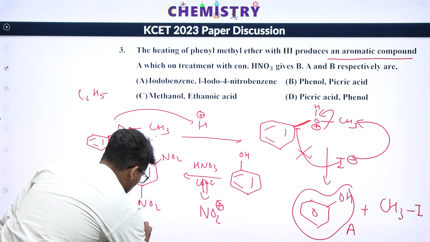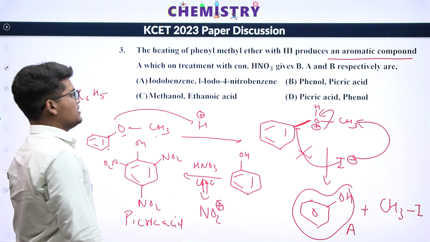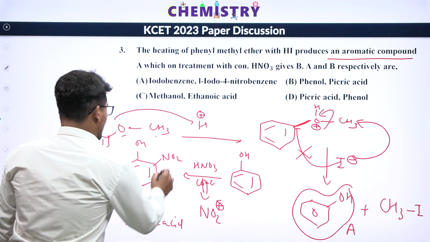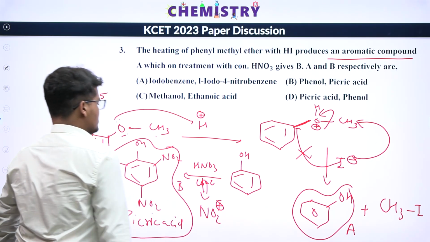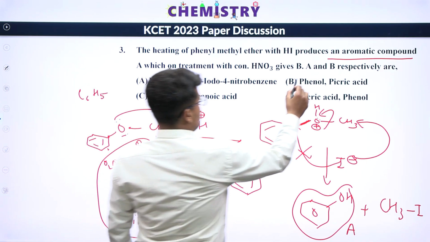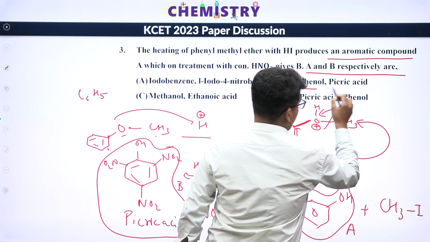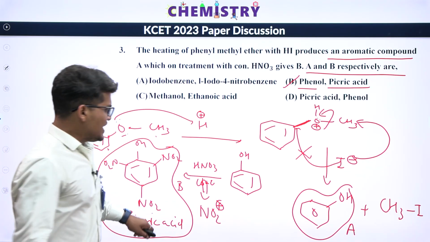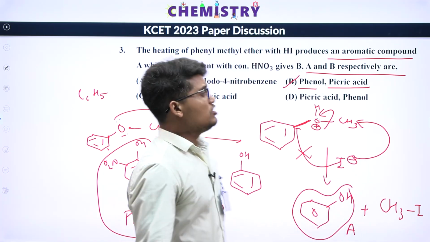We know this is known as picric acid. So this is our compound B, picric acid. They are saying A and B respectively are, so it is option B: phenol and picric acid. B is picric acid and A is phenol. Understand? Correct? Fine. No doubt.